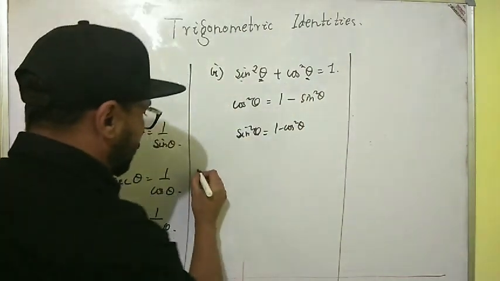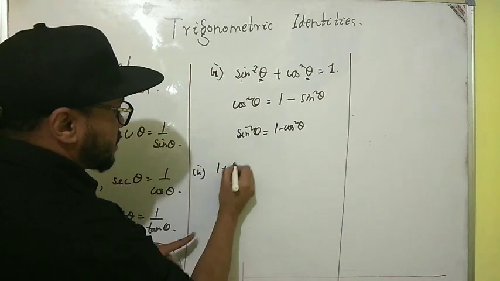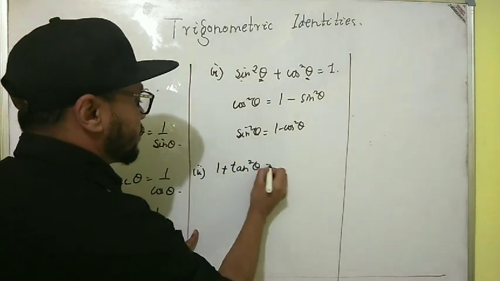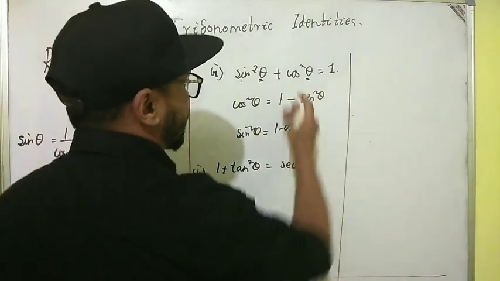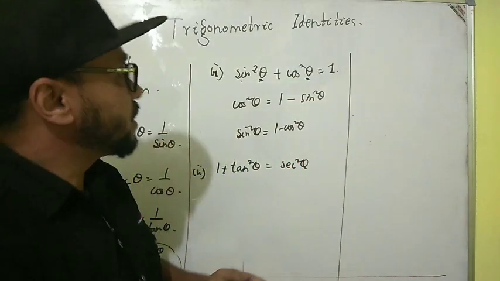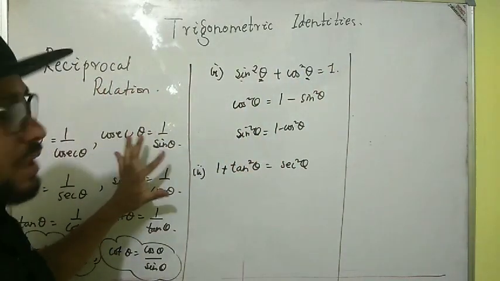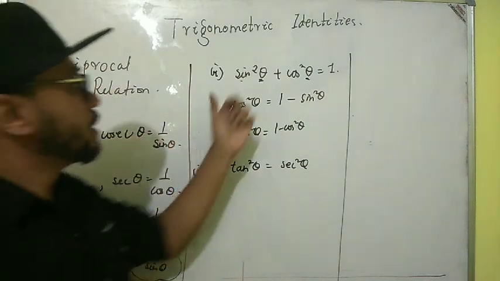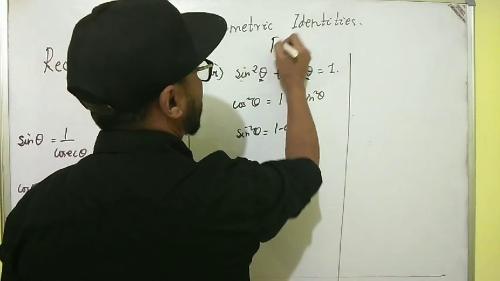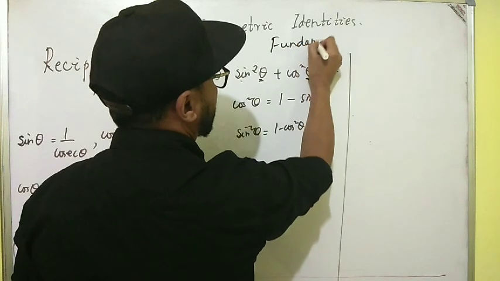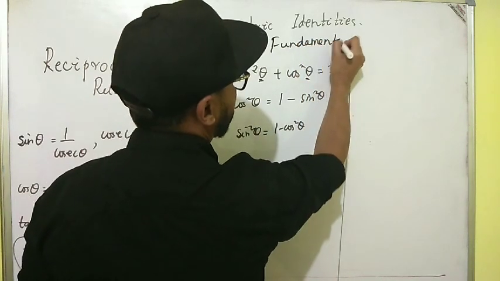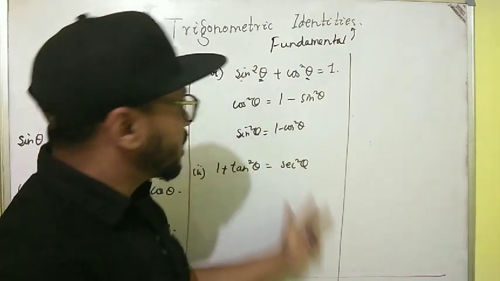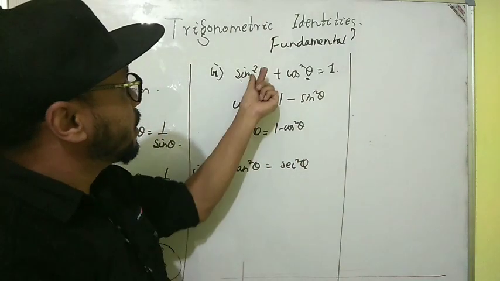Now number 2, 1 plus tan square theta is equal to sec square theta. For all the fundamental identities, not the reciprocal identities or the reciprocal relations, all the fundamental identities include square.